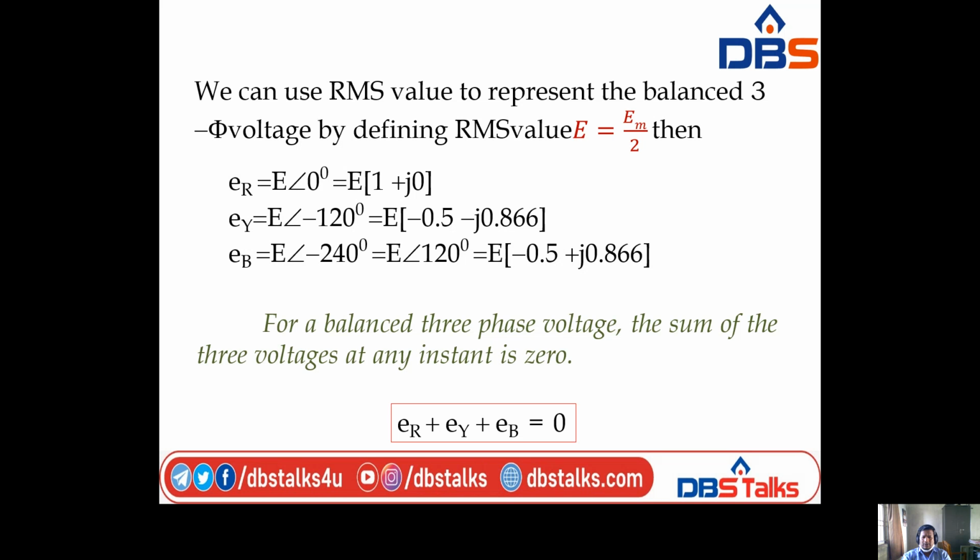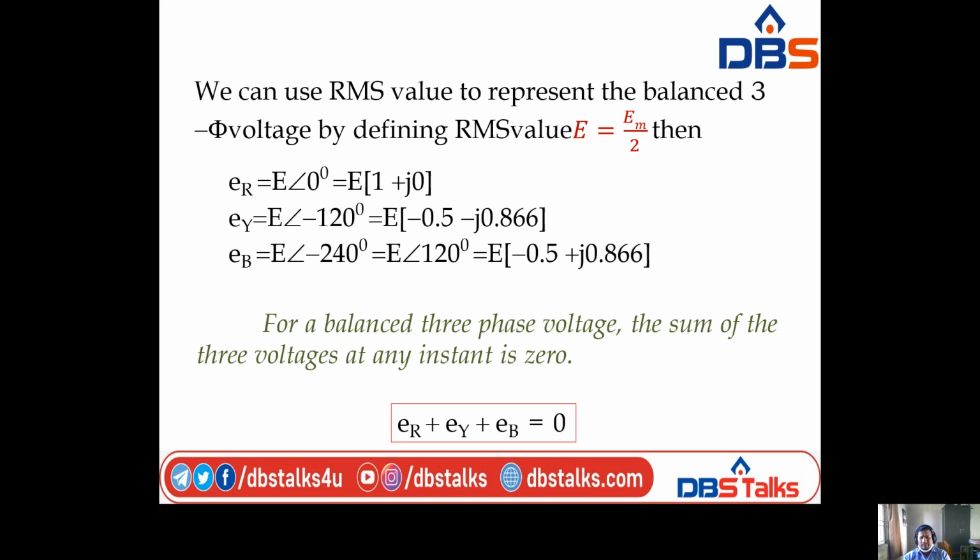So we may represent it as E into 1 plus j0, since cos 0 is 1 and sin 0 is 0, using cos theta plus j sin theta. Then EY is equal to E at an angle minus 120 degrees. That is equal to E into cos 120 degrees, which is minus 0.5, and sin 120 degrees, that is sin 90 plus 30, which is cos 30, root 3 by 2, that is 0.866.